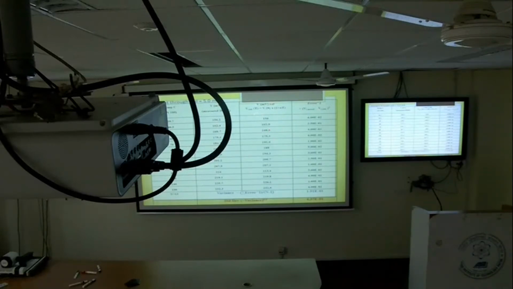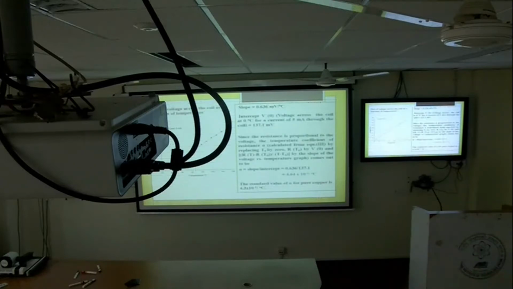How we find V calculated: V calculated is basically the intercept multiplied by 1 plus TCR of copper times the value of T. So this is basically a practical value. The difference is written here and we take its square. We call it error, meaning the measured value minus the calculated value.